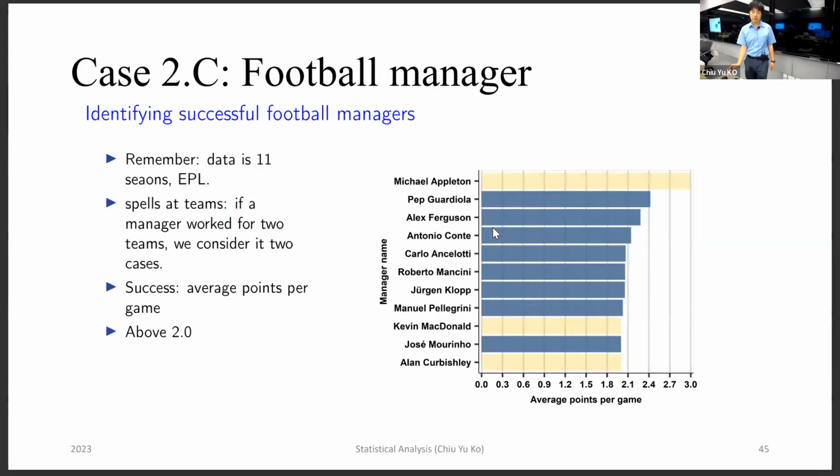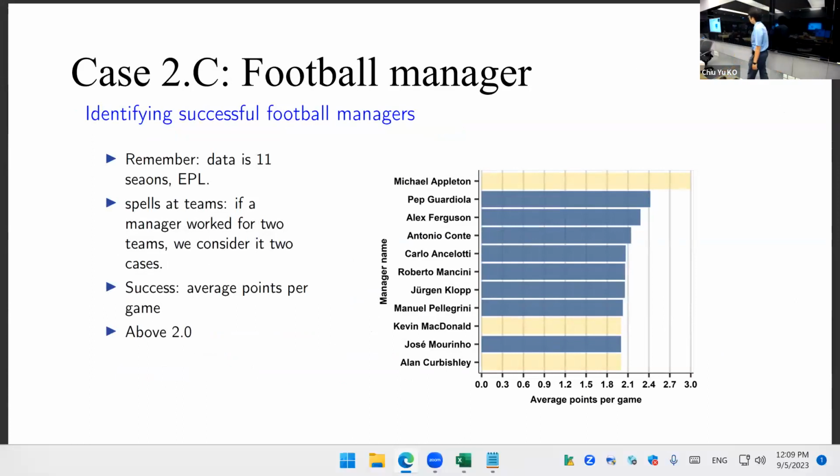So this is the result I have. Look at the data. At the end, they combine and clean everything. This is the data you have, and you can see who is the best coach, right? And you can see there's a yellow part.